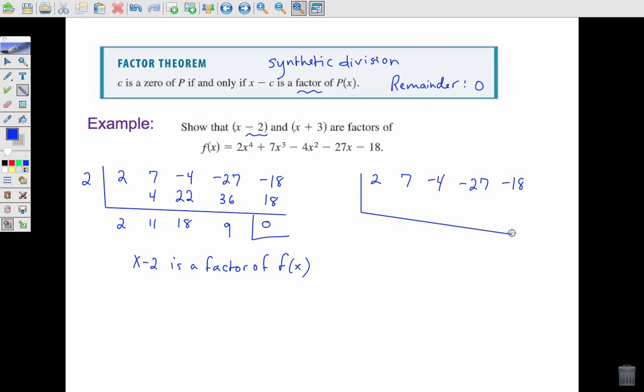Set up my division bars. And we're going to divide by -3 this time because we always divide by the opposite sign. And once again, 0 remainder. So we know that x plus 3 is a factor.